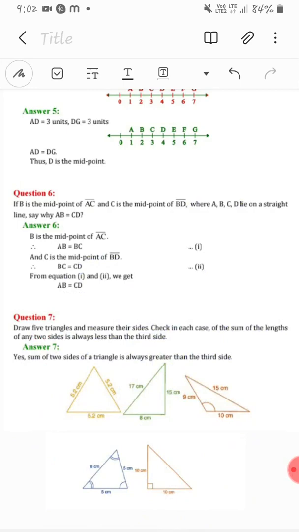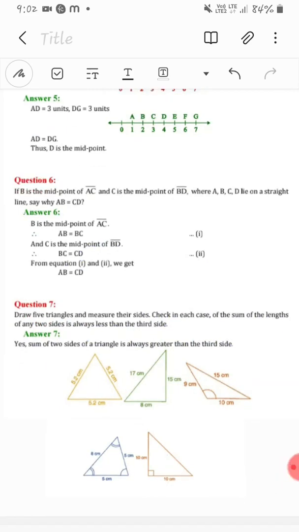So it is proved. Now let's move to question number 7. Question number 7 says, draw 5 triangles and measure their sides. Check in each case that the sum of the lengths of any two sides is always greater than the third side. So it is proved that the sum of two sides of a triangle is always greater than the third side.